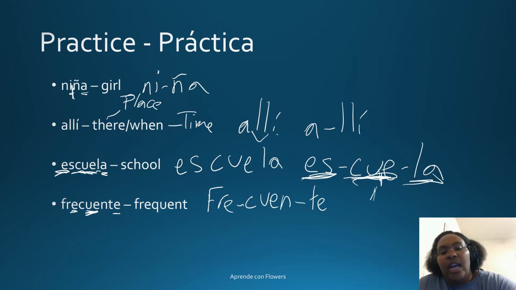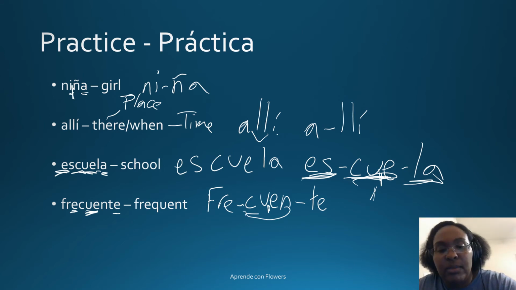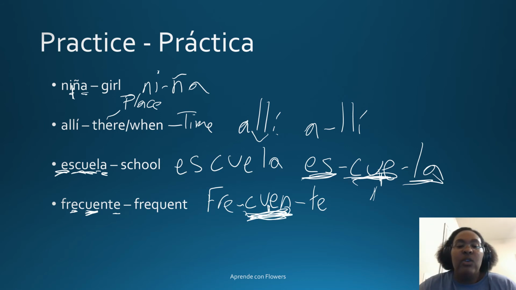Now, why didn't I break these two up, right? Because, like I said before, they're going to stay together. And we're going to loop our voice. So this is more flowy, I guess is the way you would say it. So it's frecuente. So again, our emphasis is going to be on this quen part. So frecuente, frecuente, frecuente. Okay?